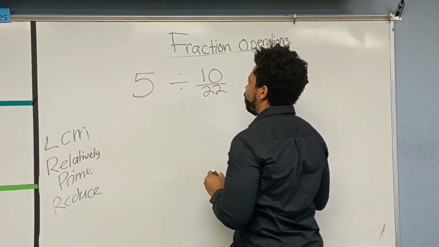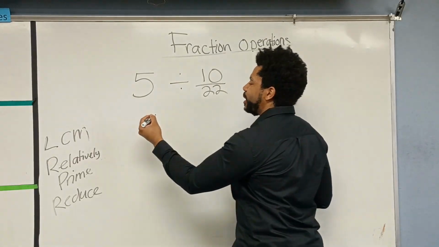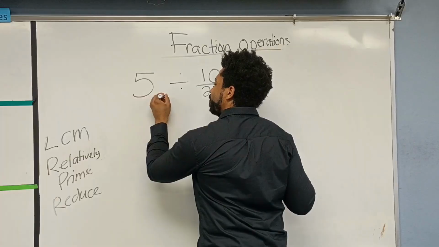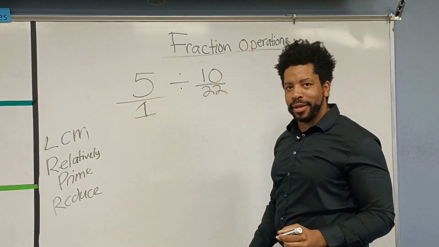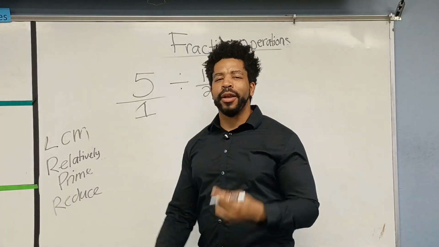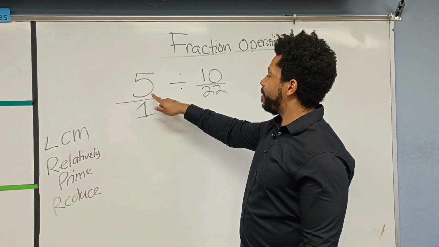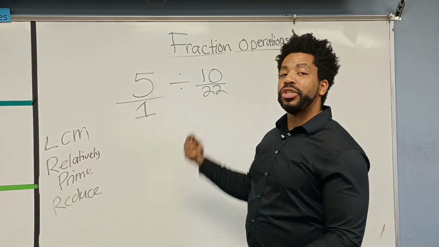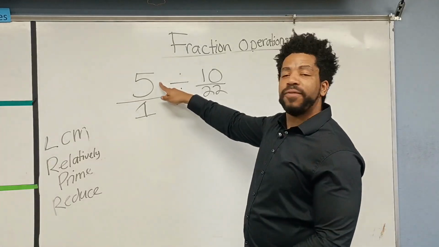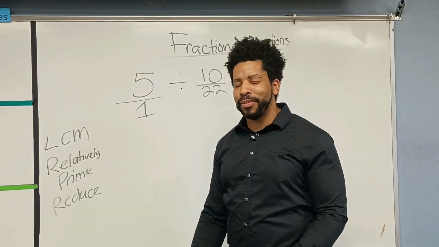This 5, we need to change it into a fraction. And what we're going to do is write it over 1. It becomes 5/1. Why? Because you need a fraction. That's number 1. But number 2 thing is you need a fraction that's not going to change its value.